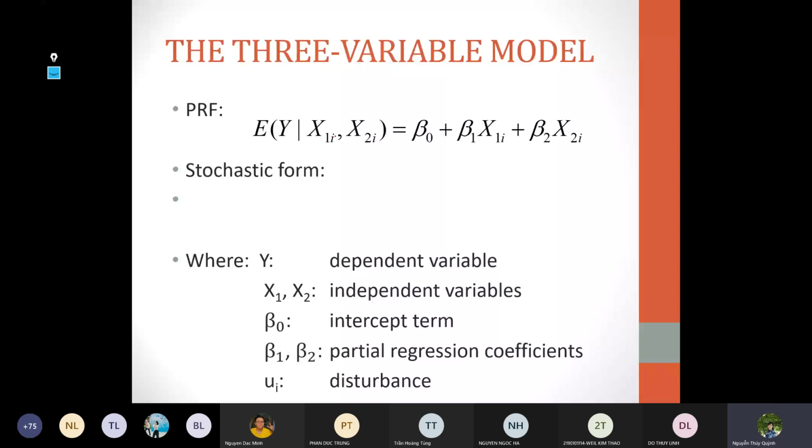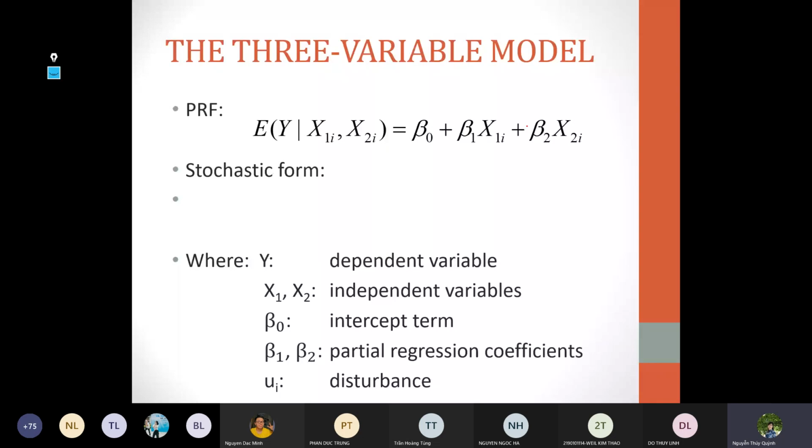Now we have two independent variables, x1 and x2. The conditional expected value of y is equal to beta 0 plus beta 1 times x1i plus beta 2 times x2i.